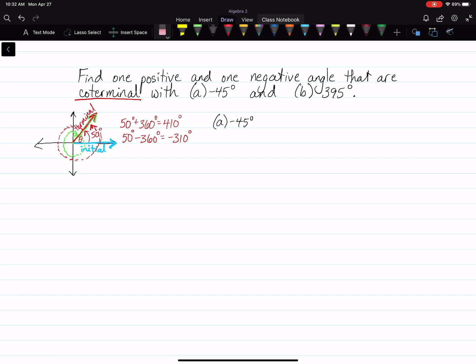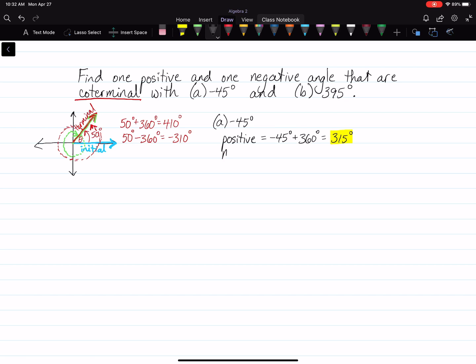So to get the positive angle, well, if we're at negative 45 degrees, I'm going to add 360 to get a positive angle. That would be 315 degrees. There's your positive angle.